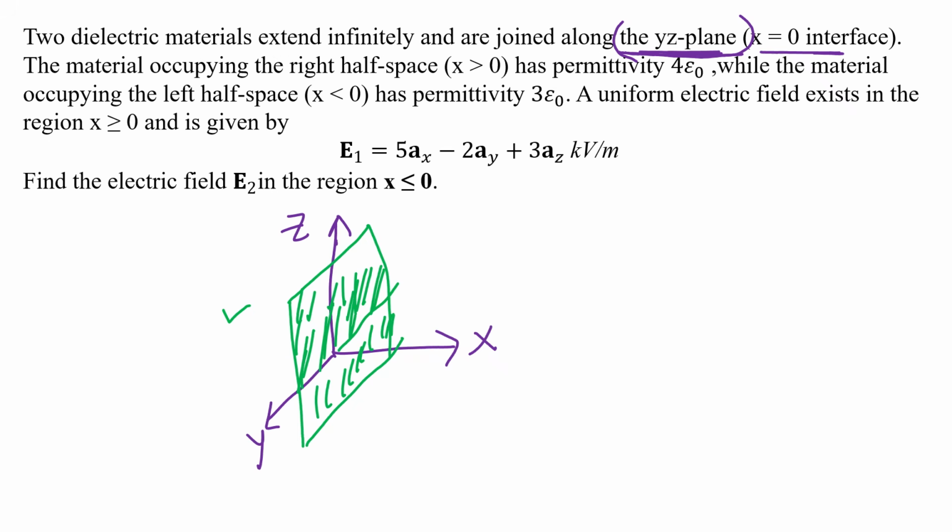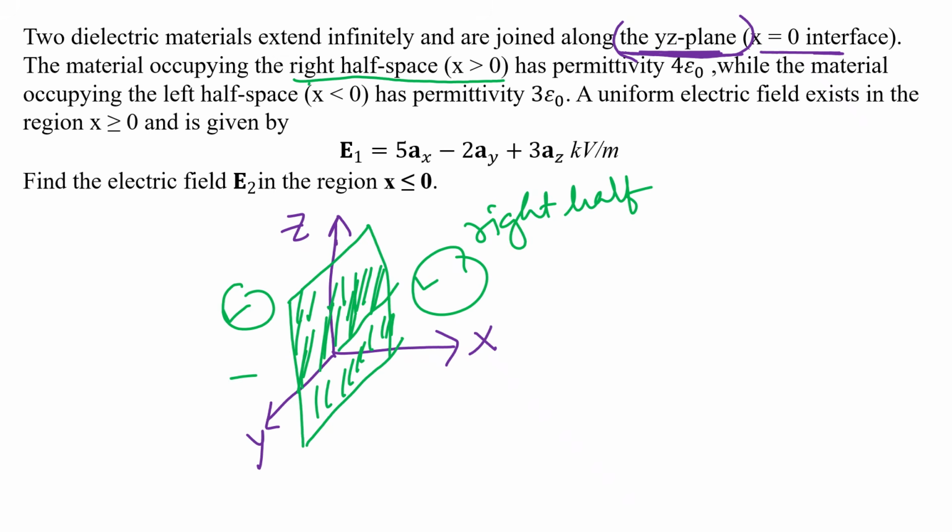This is one side, this is the other side. Now the side lying on x greater than 0, that means this part, is called your right half space, and the side existing in x less than 0, that means this side, is called your left half space in the question.